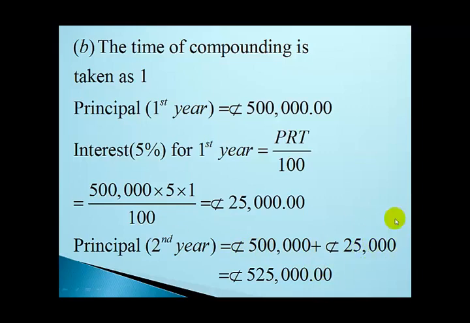So we have to add the principal for the first year and the interest at the end of the first year. 500,000 plus 25,000 gives us 525,000. So the principal for the second year will be equal to 525,000 cedis.